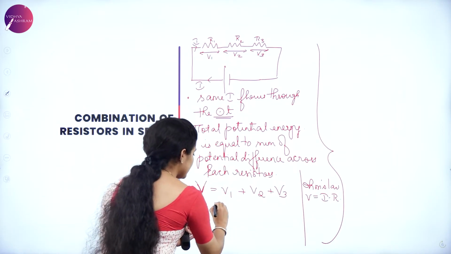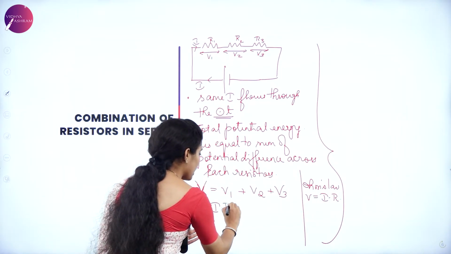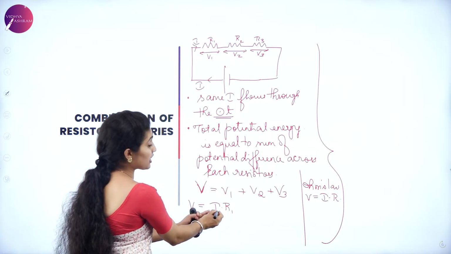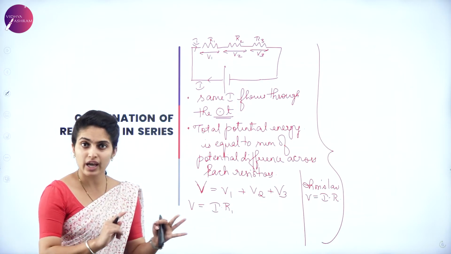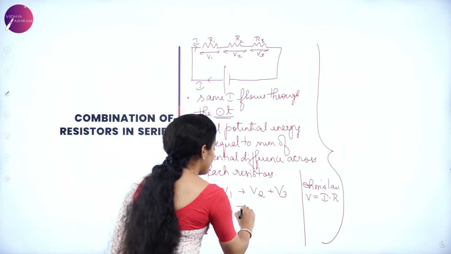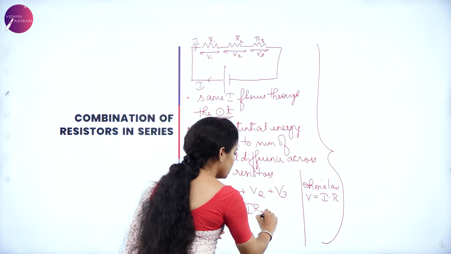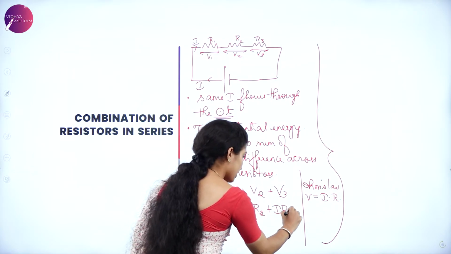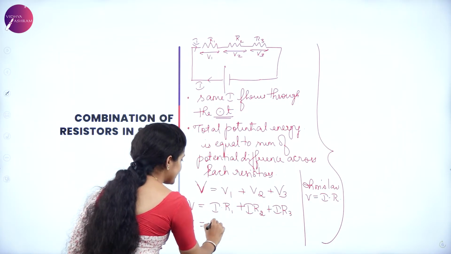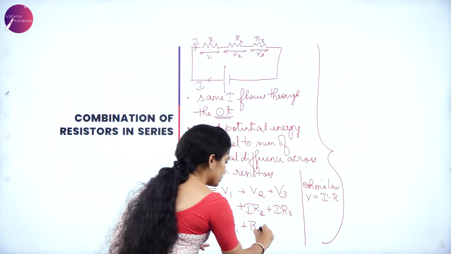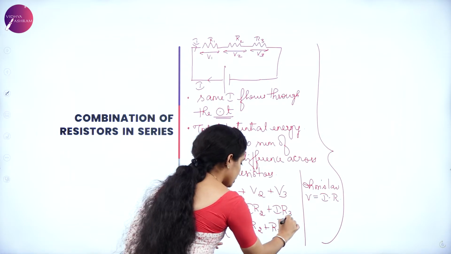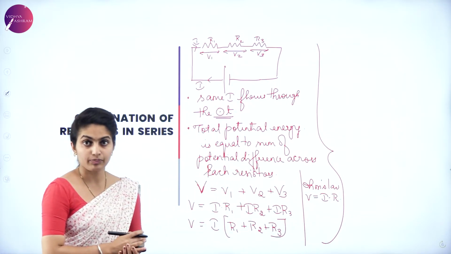So V1 is I into R1, because I is the same current which is flowing, so it is constant. Nothing like 1, 2, 3 for I. For V2 you have plus I into R2 plus I into R3. Take the common out. V is equal to I into R1 plus R2 plus R3. So we have this equation with us now.